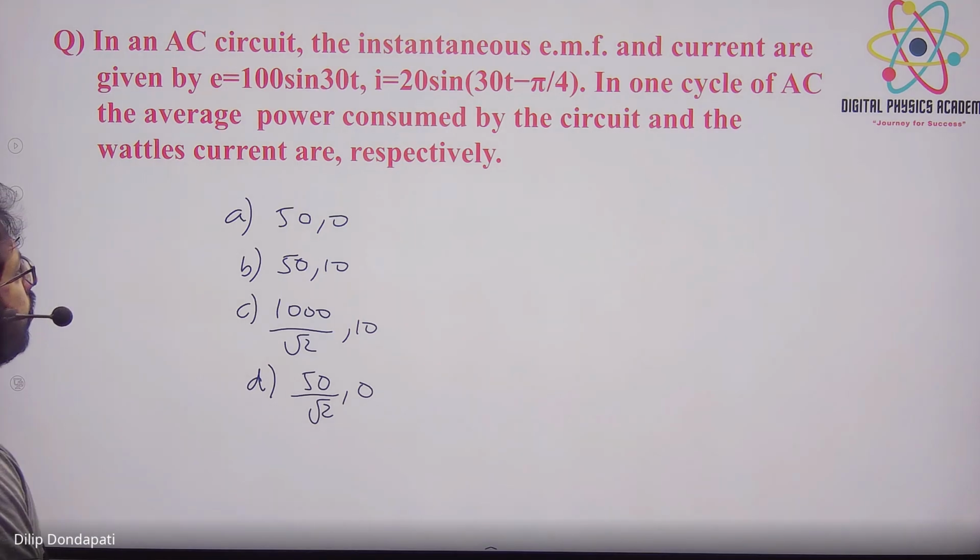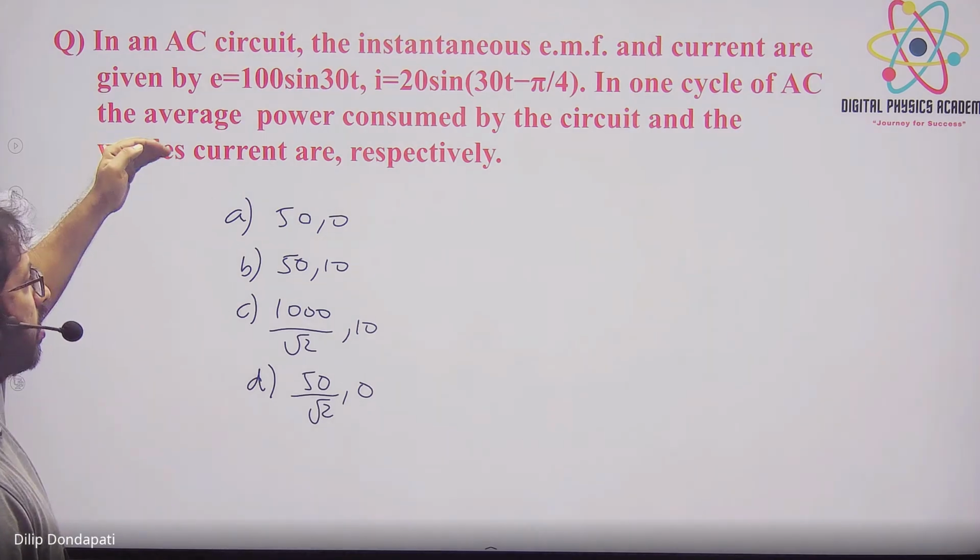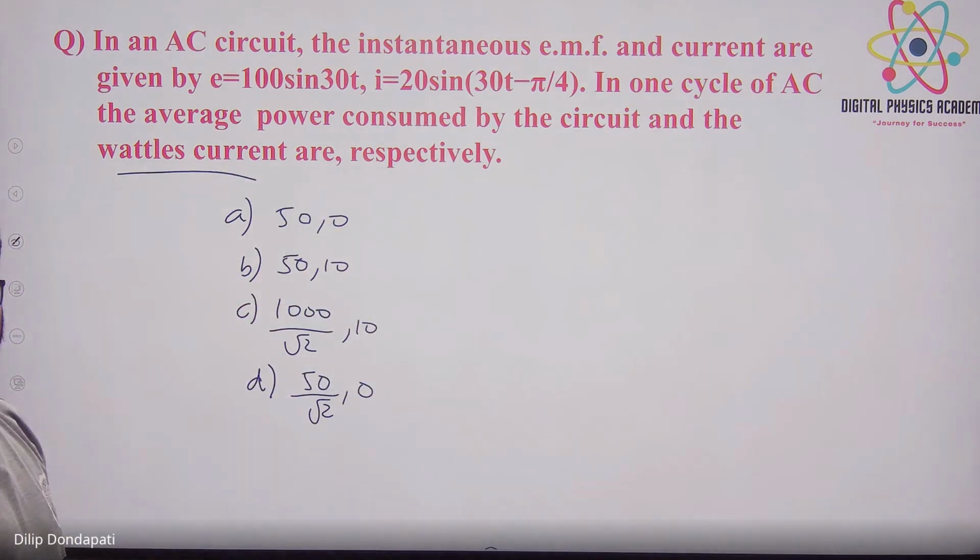In an AC circuit, instantaneous voltage is given, instantaneous current is given. In one cycle of AC, the average power consumed by the circuit is and wattless current. That means calculate the average power and also the wattless current. You know the average power formula, right? VRMS into IRMS into cos phi.